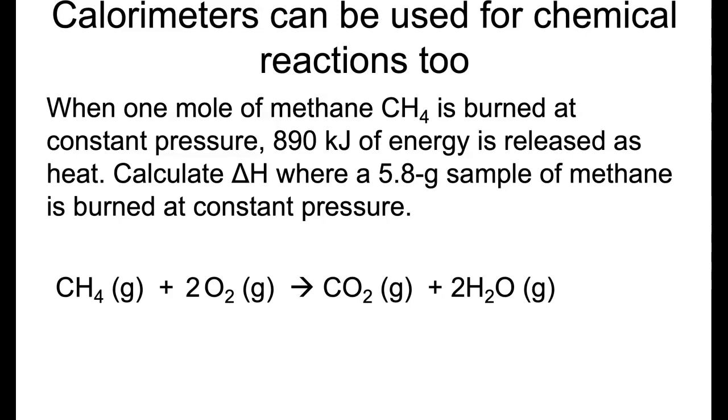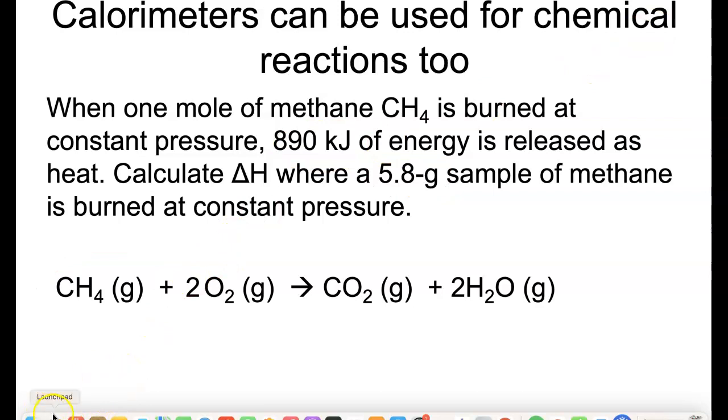And then we're going to notice that this equation only calls for 1 mole of methane. When it burns 1 mole of methane, this is our energy that is released. But in this situation, we were only going to burn 5.8 grams. And so we're going to have to calculate that 5.8 grams.